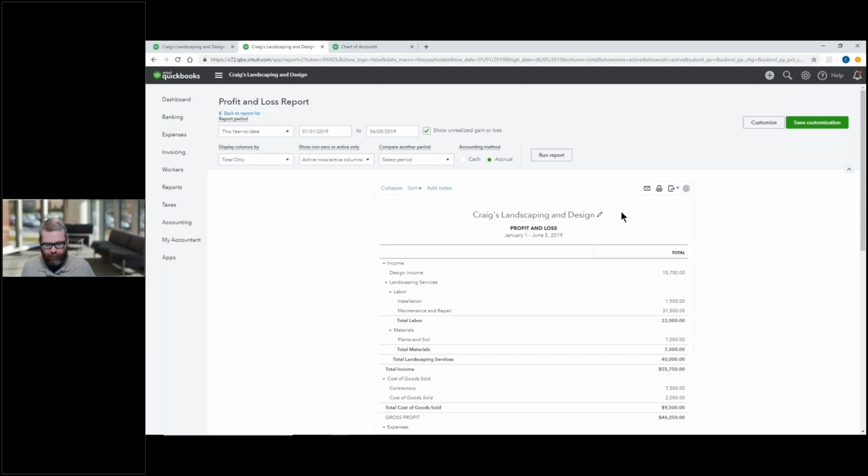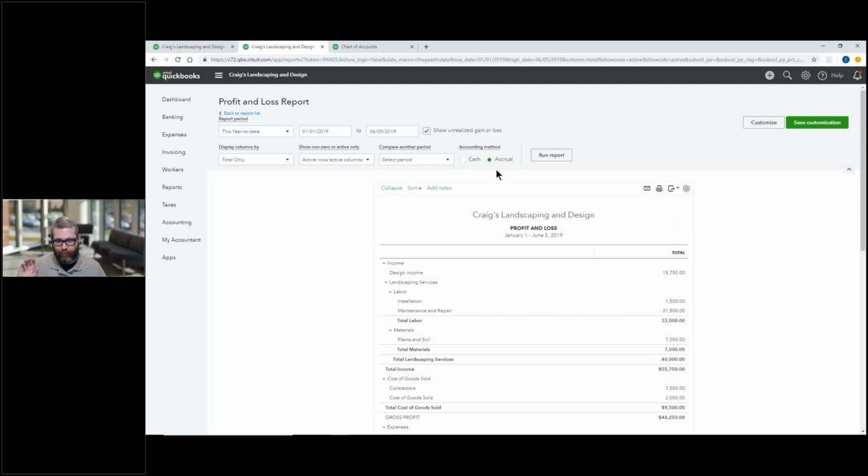And essentially, these 2 different accounting methods determine when your business counts something as being income or expenses. Do you count it as soon as the invoice is created or as soon as the bill is created? Or do you count it as soon as you receive payment on the invoice or as soon as you pay the bill? That's the difference between the 2 different accounting methods.